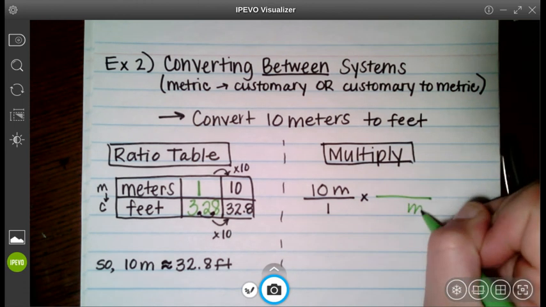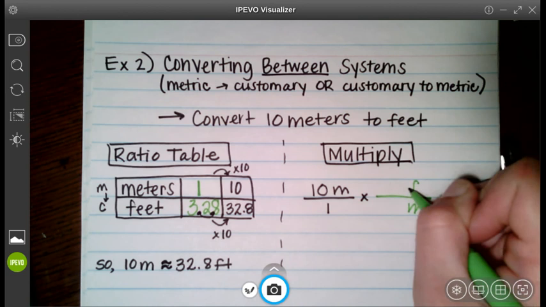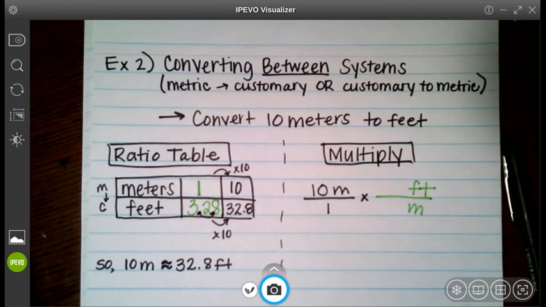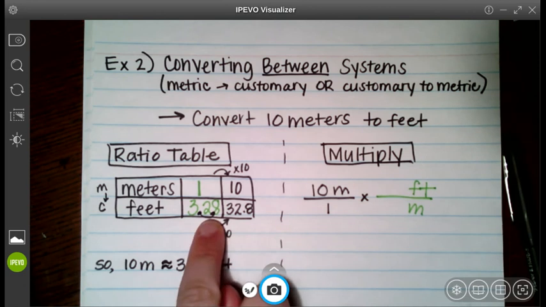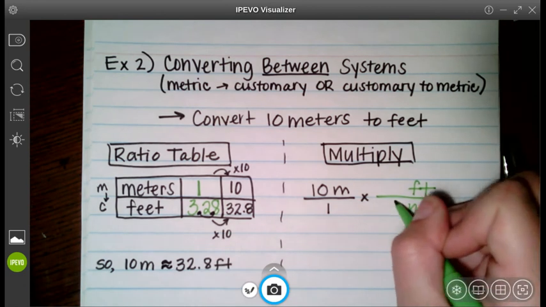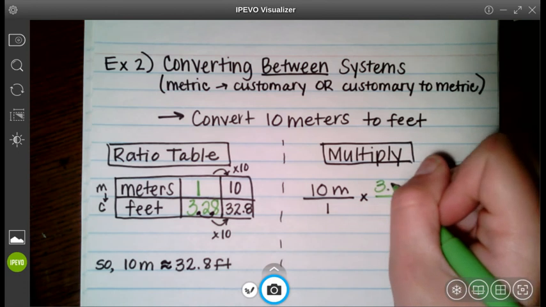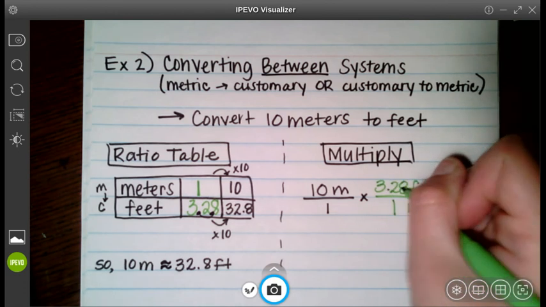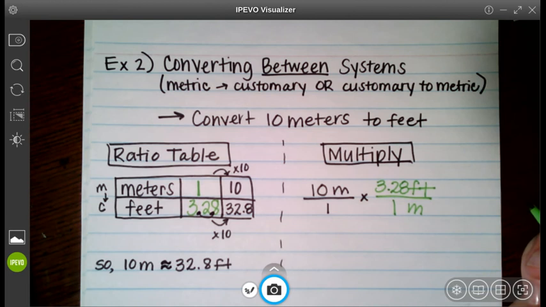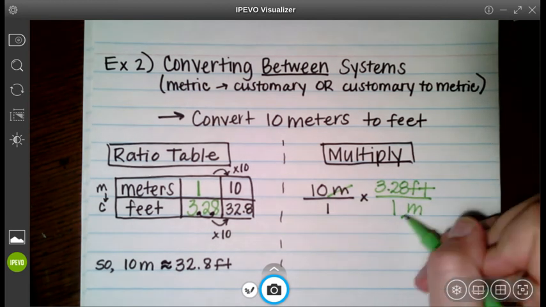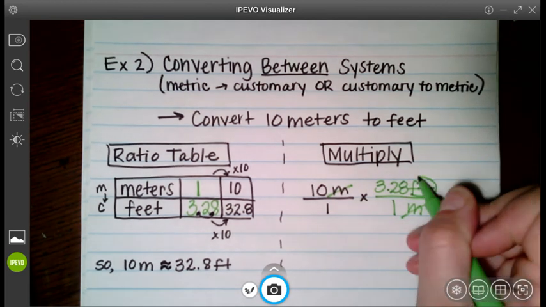I know I'm going from meters to feet. Okay, meters to feet. Well, I'm going to use that same conversion factor. 1 meter is the same as 3 and 28/100 feet. My units cancel, and I'm left with feet.